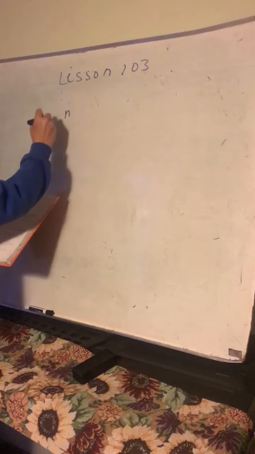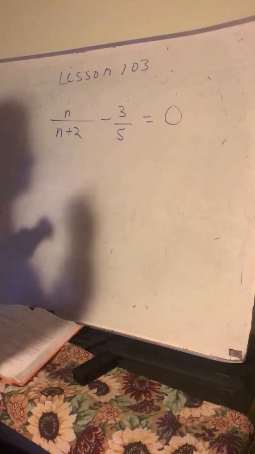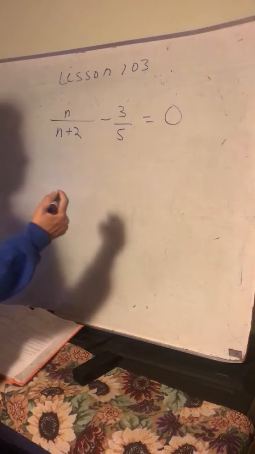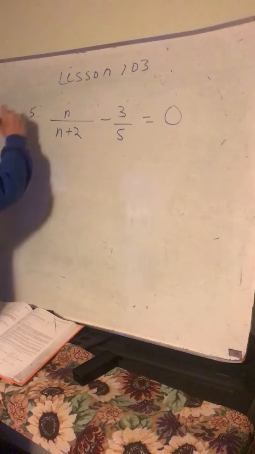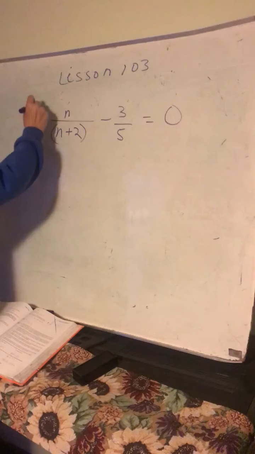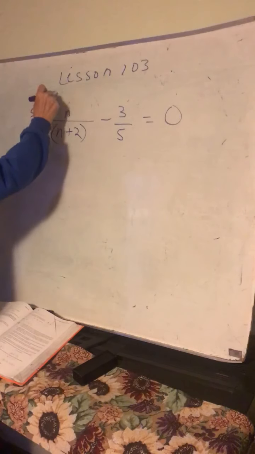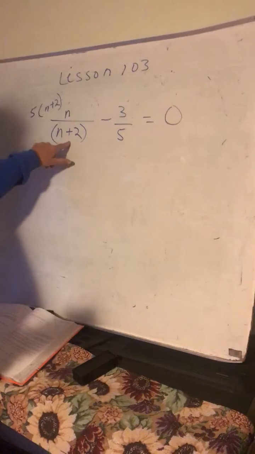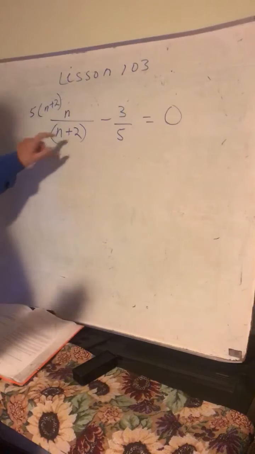So what is the LCM of these denominators? The common denominator that will go into both of them, and that's going to have to be the whole thing. It's going to be 5 times (n plus 2). Put that in parentheses. That represents one number there. 5(n plus 2), and this one is 5(n plus 2).